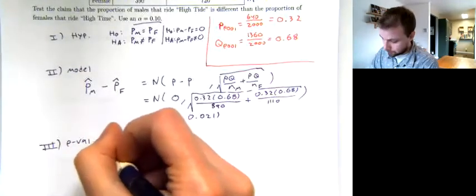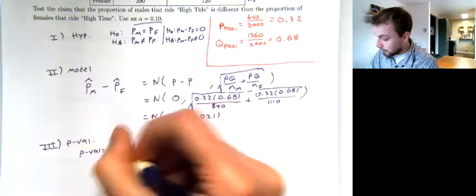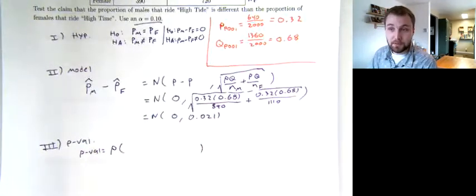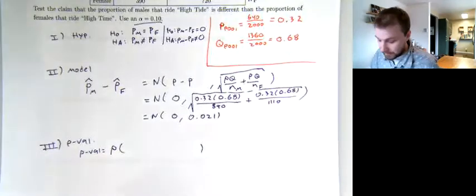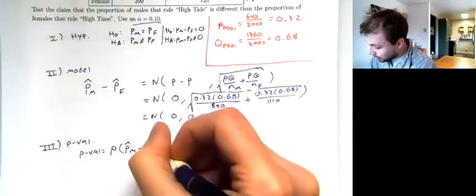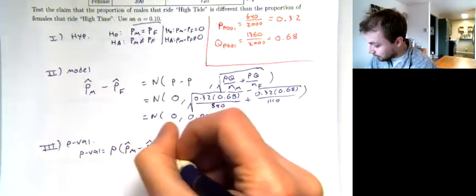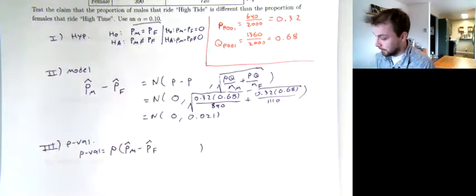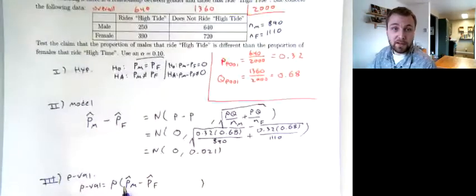the p-value. The p-value is the likelihood, so I'm looking at the probability of the sample data. Well, my sample data is the success rate for the males minus the success rate for the females. So I'm going to go back up to the raw data here.